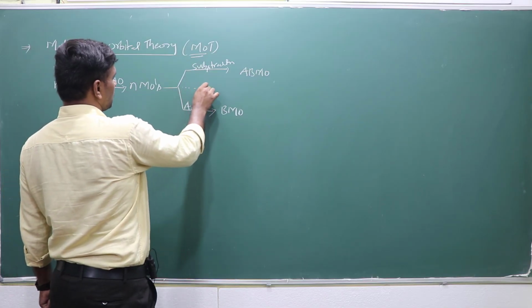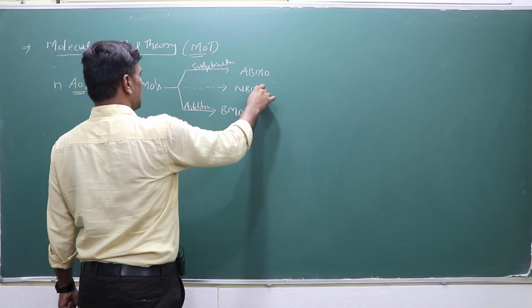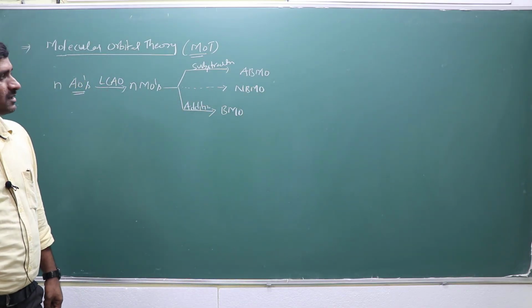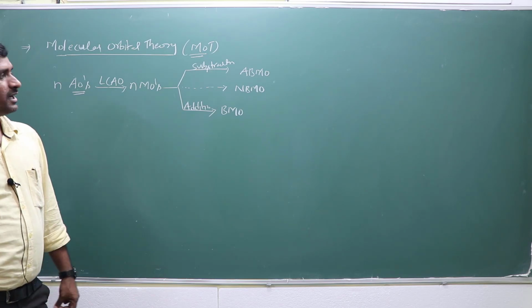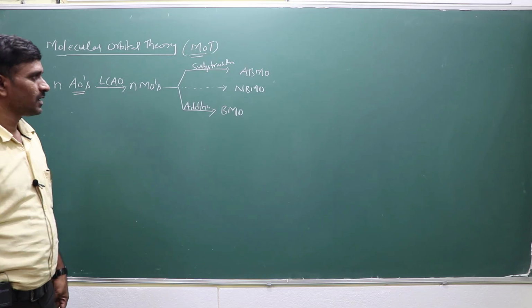Those molecular orbitals that cannot be involved in the bonding are called non-bonding molecular orbitals, like lone pair electrons, not participating in the bonding.